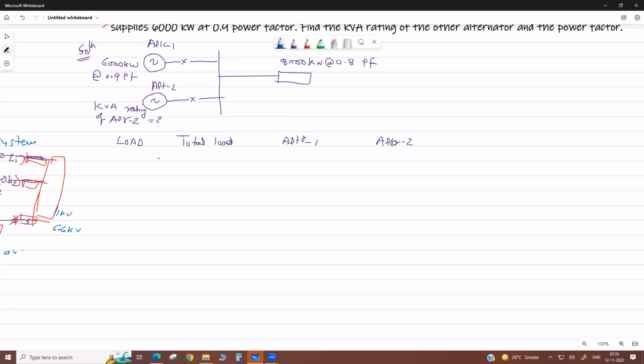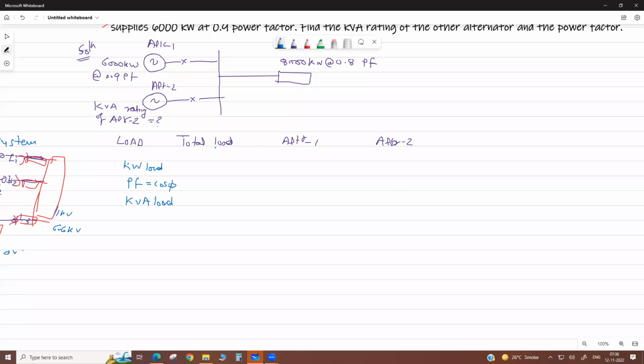So here loads and their parameters. See, load in kilowatt, then their power factor. Power factor means cos phi. Then you can calculate the load in kVA. Kilowatt load, kVA load.